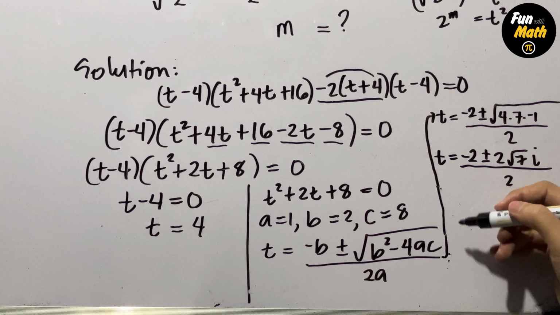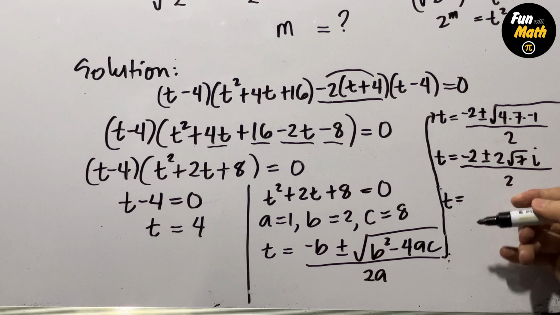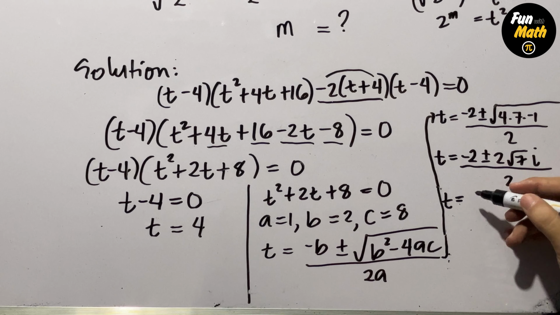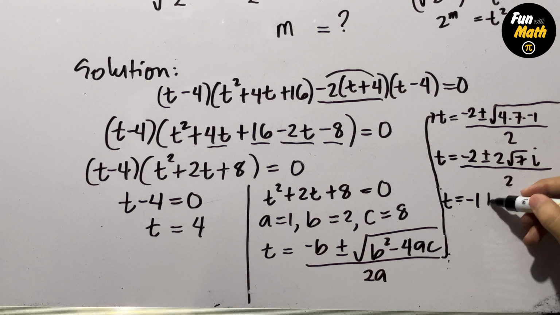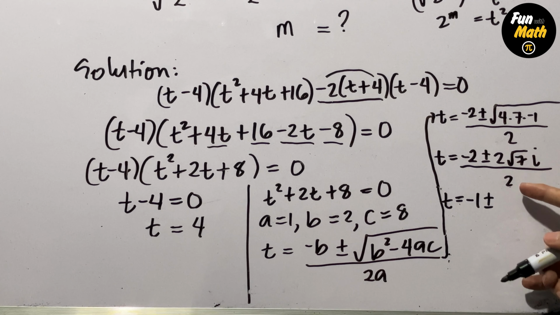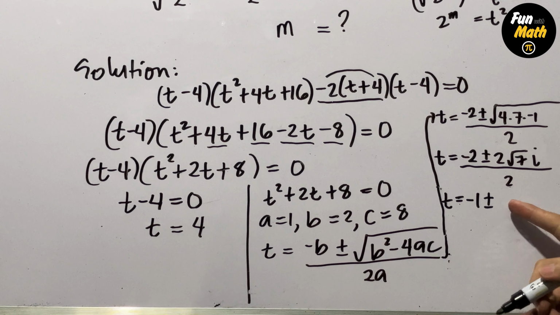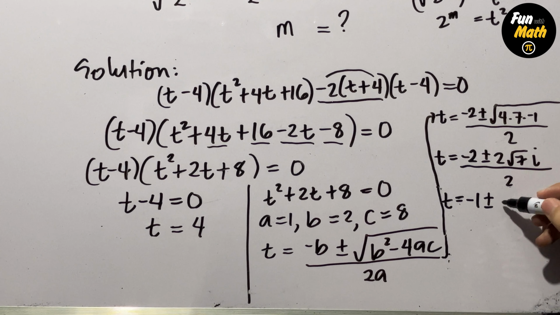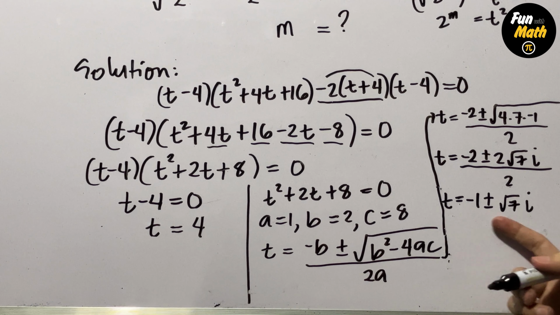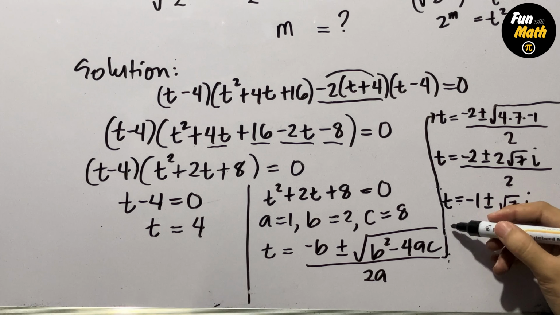And for this, t is equal to -2 divided by 2. That's -1. Positive, negative. 2 divided by 2 is 1, so we don't need to write it. Just write square root of 7, i. And for this, we can have two values of t.